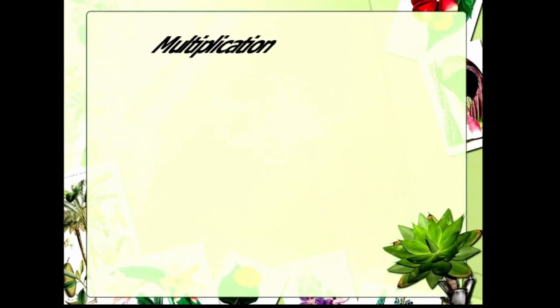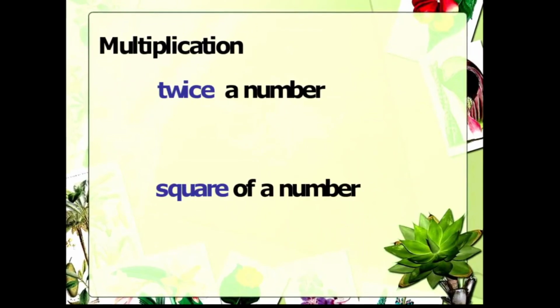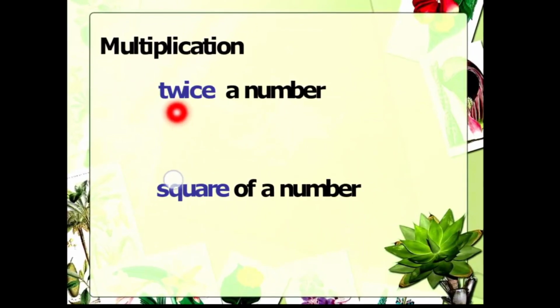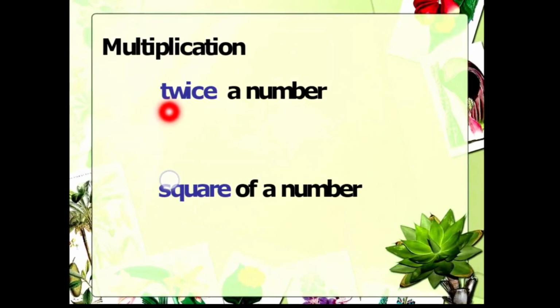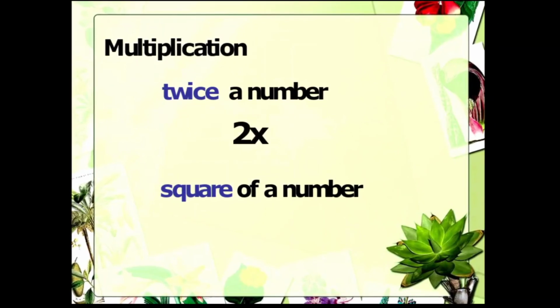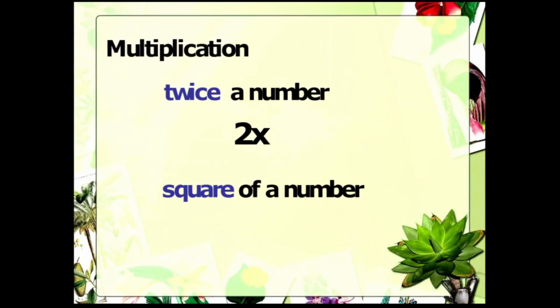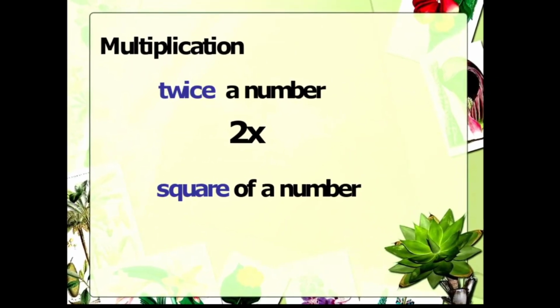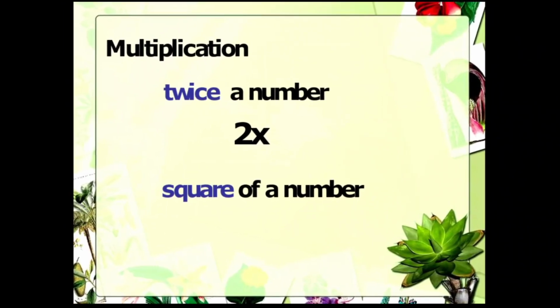Then for multiplication, we have twice and square. When we say twice, again, that is 2 times. So 2 times a number. Twice a number. That is 2x. Then when we see square, earlier we discussed how to read expressions with exponents.